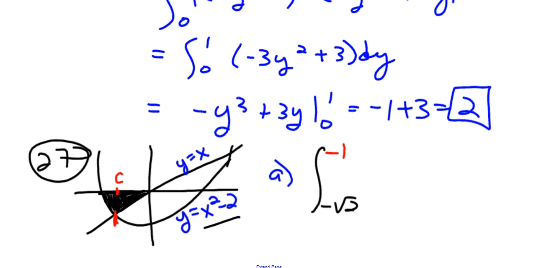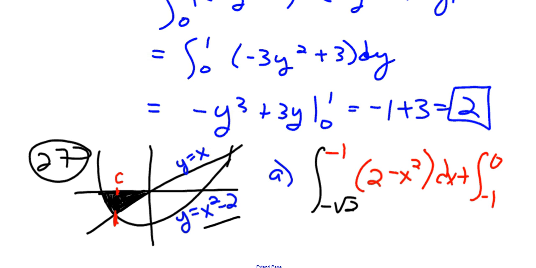And that is going to be, in this case, an upper and lower, it's basically going to be 2 minus the x squared, or the x squared minus 2. Oops, I'm sorry, 2 minus the x squared dx plus the negative 1 to 0, and that goes from the c to this point here.